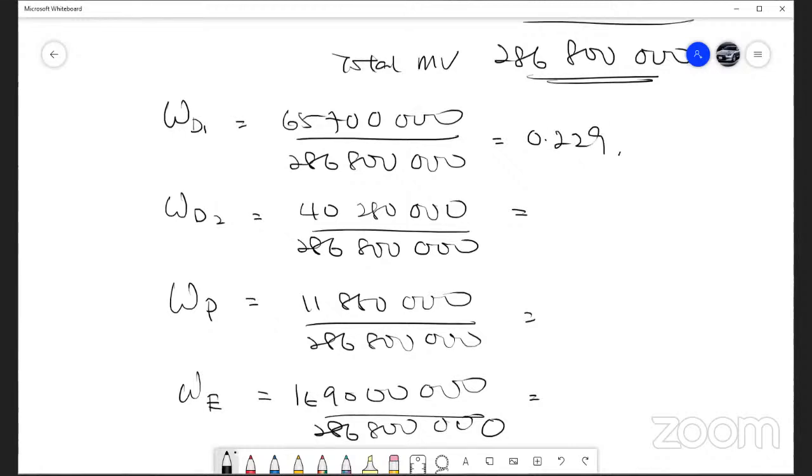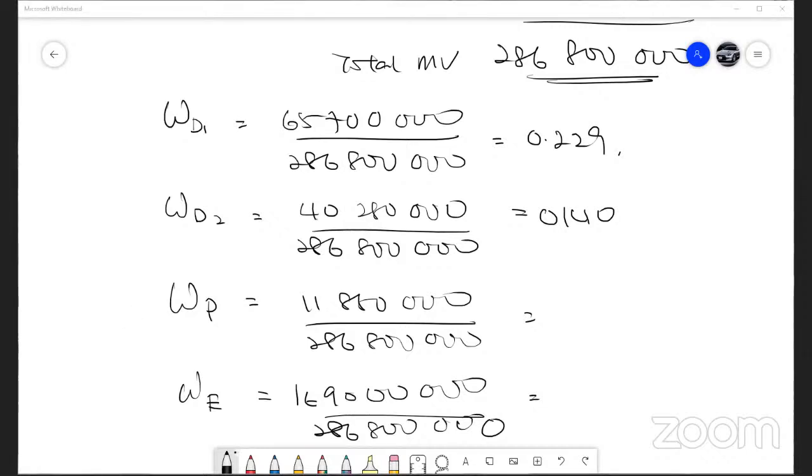Hopefully I'm not wrong. Then the next one is 40,250,000 divided by 286,800,000, which is 0.14.